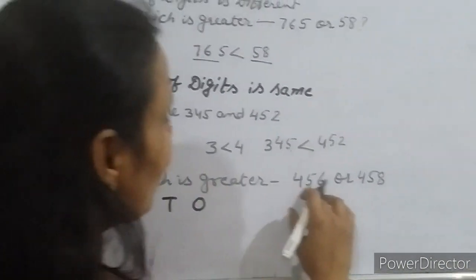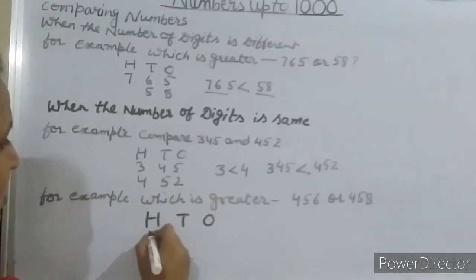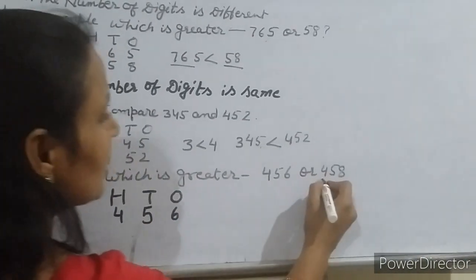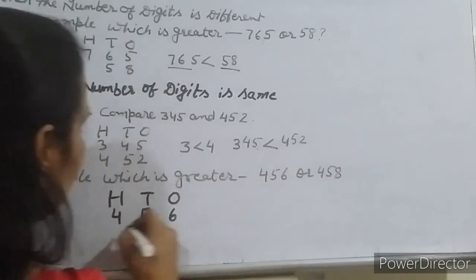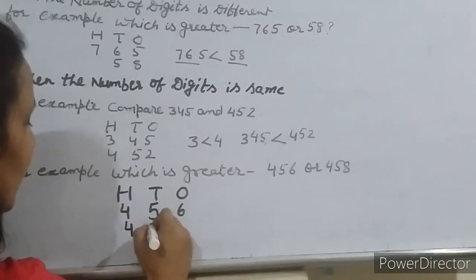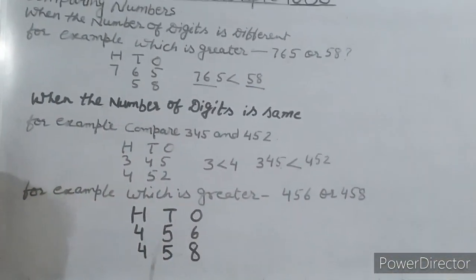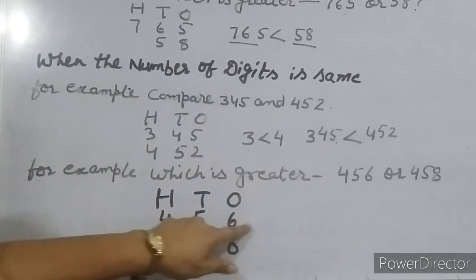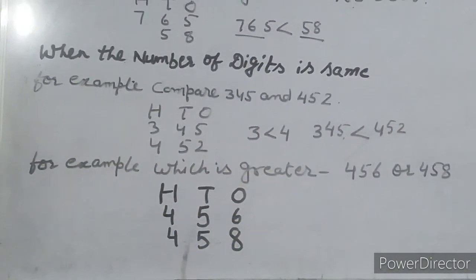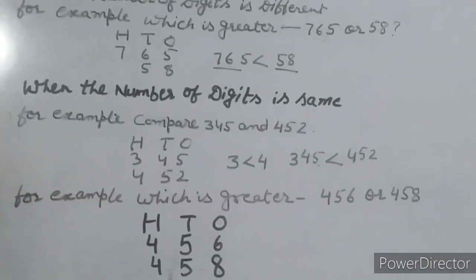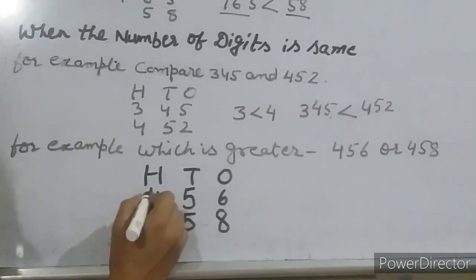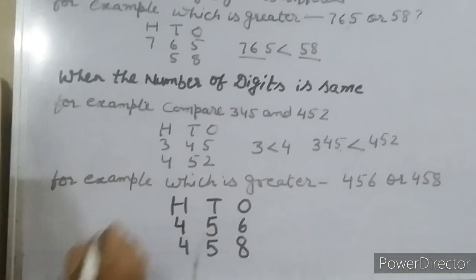So here it is 456 and this one is 458. So the number of digits is the same. Here also 3 and here also 3. So compare the digit at the hundreds place.